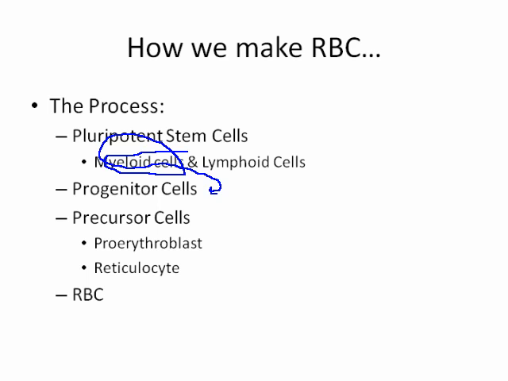Once the myeloid cells become progenitor cells, they are locked in on a path.